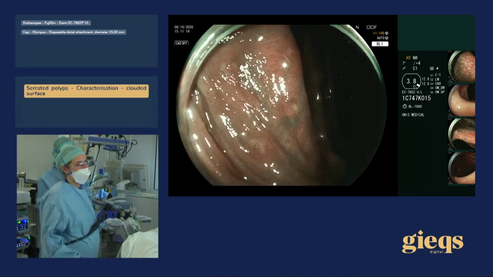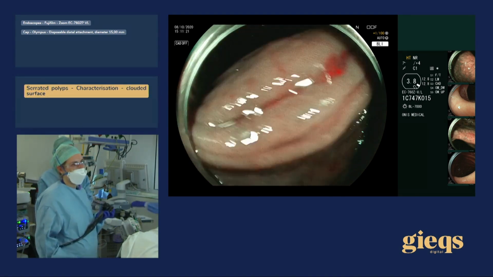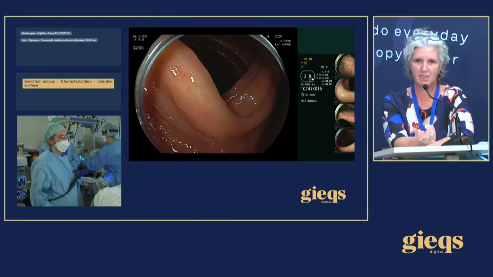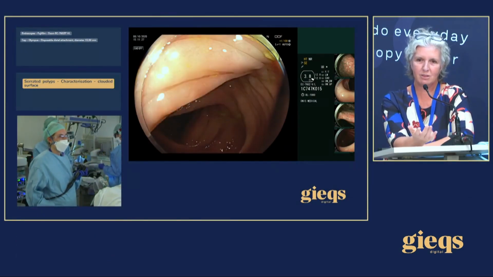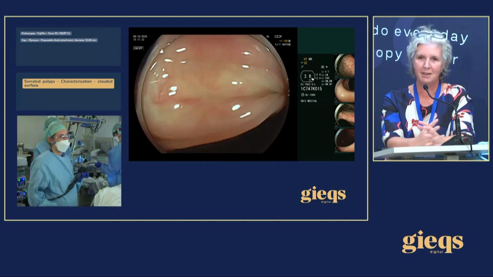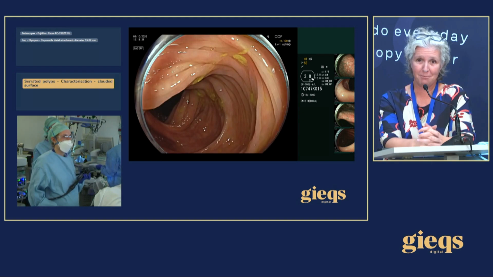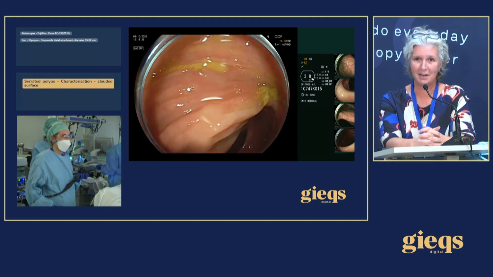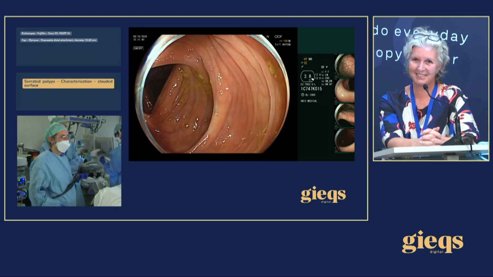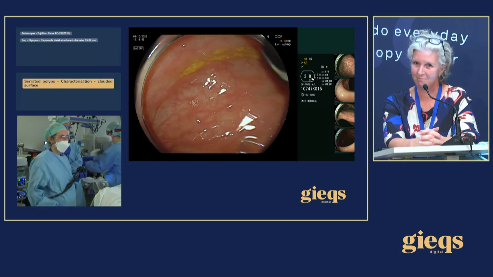I don't know about serrated polyps in IBD patients, but from a theoretical point of view, the serrated polyp pathway is one that goes faster to dysplasia and cancer. So, on a background of inflammation, I would not be happy with serrated polyps. Indeed. So that's the hypothesis, but we still don't have studies.